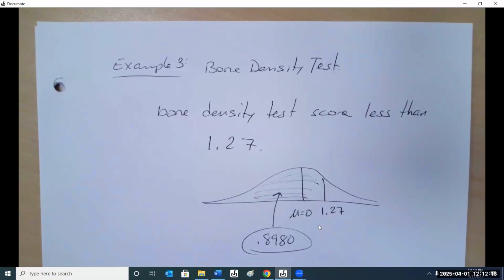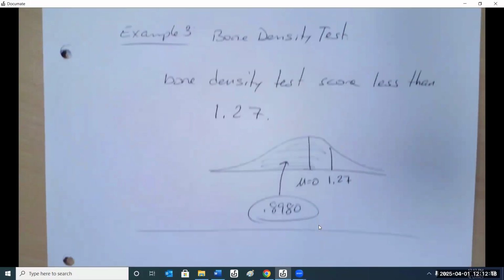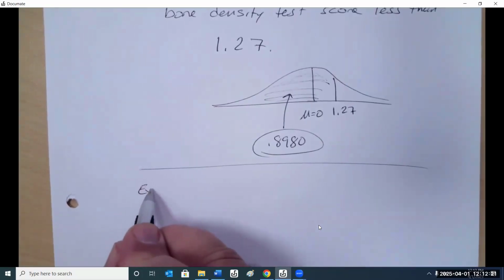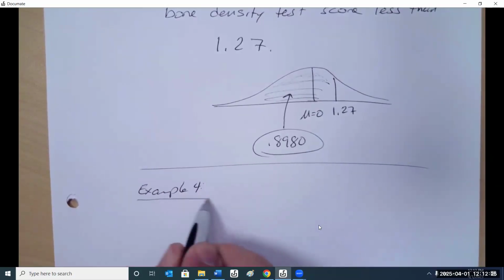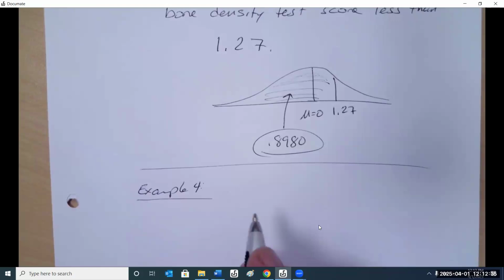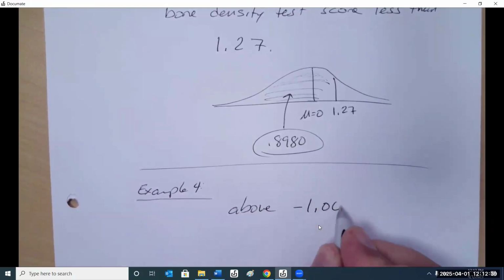Okay, here's another bone density. Using the same bone density test, find the probability that a randomly selected person has a result above negative 1.00.